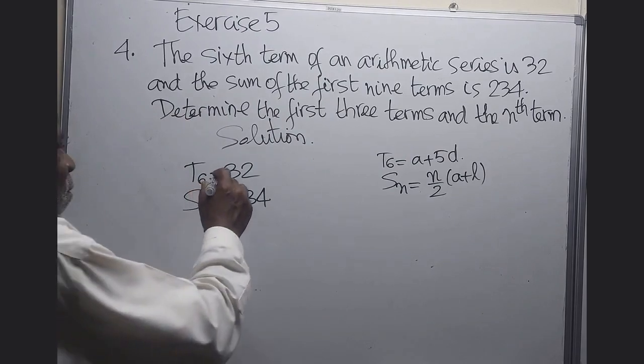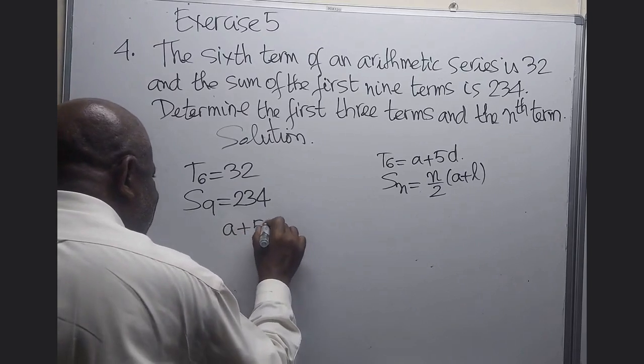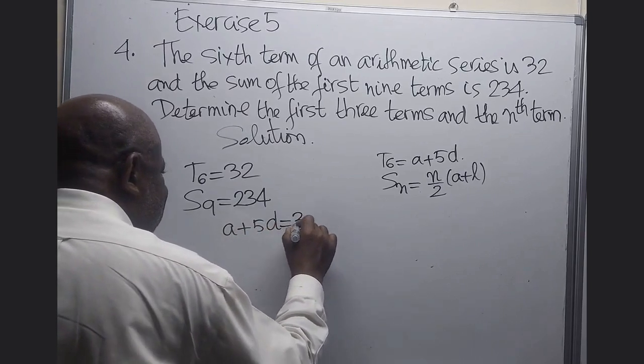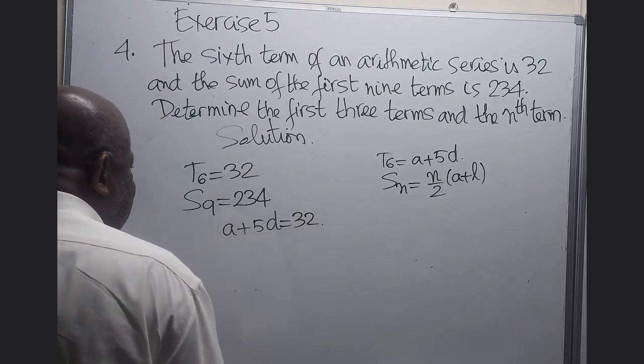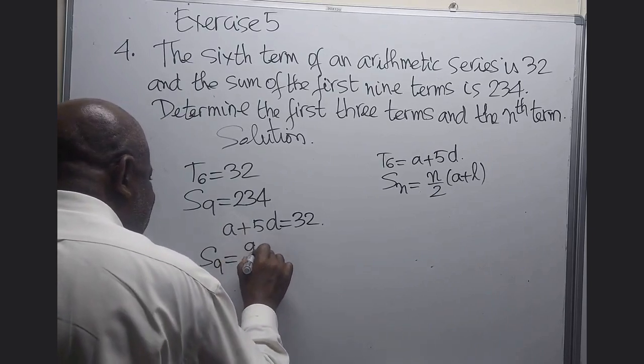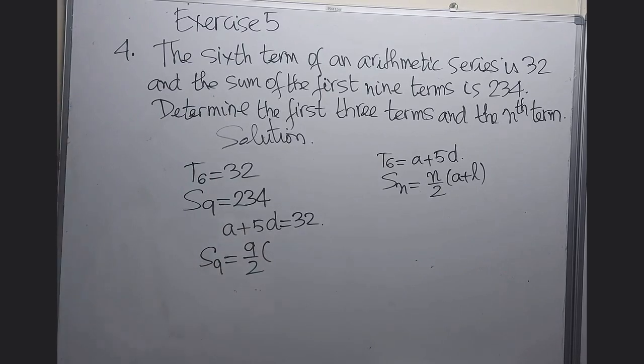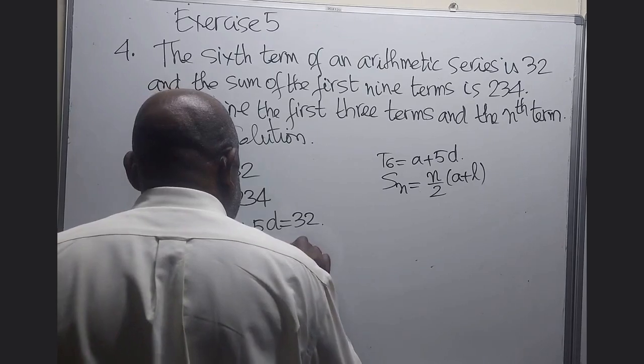So we have here A plus 5D is equal to 32, and S9 will be equal to 9 over 2 times A plus L.